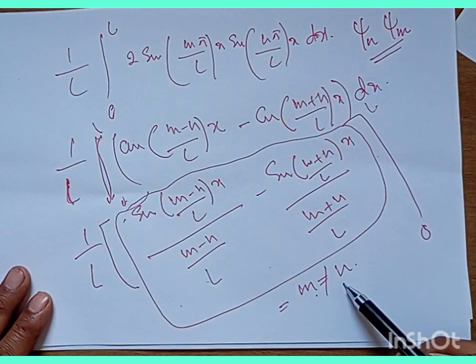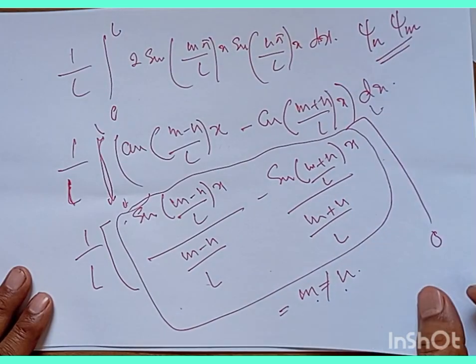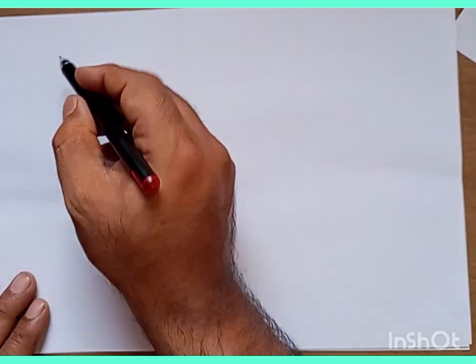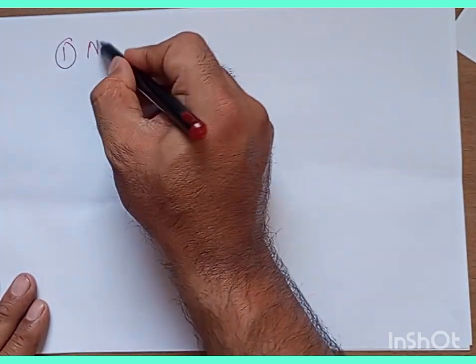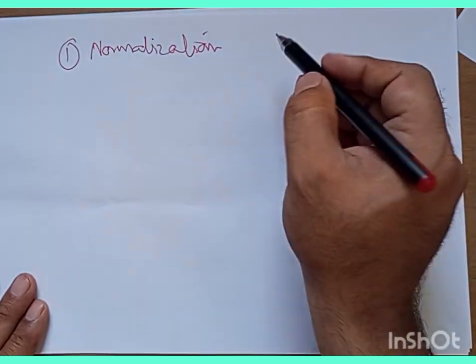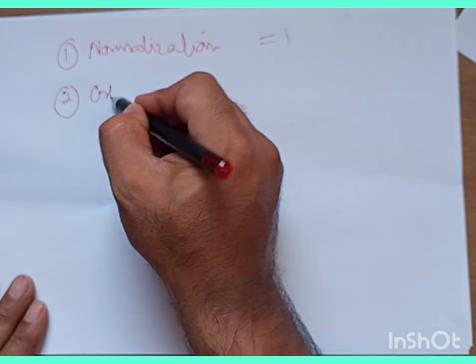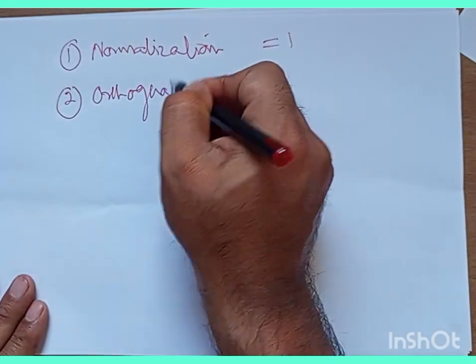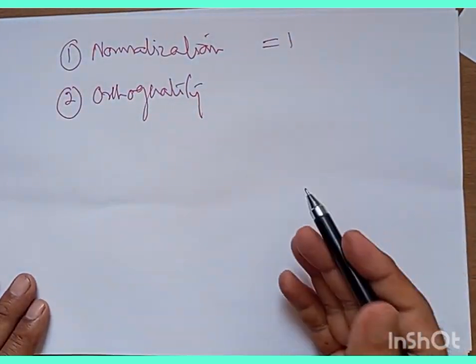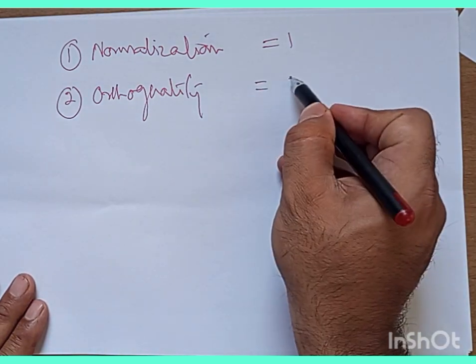For m not equal to n, that integral is equal to 0. So what we have done in this problem till now is that we have obtained normalization, where you have a condition of getting 1, and then orthogonality, where for two different states of the same function you obtain 0.